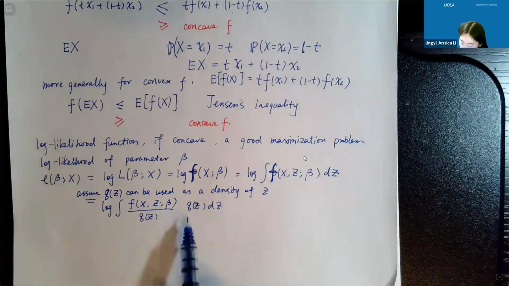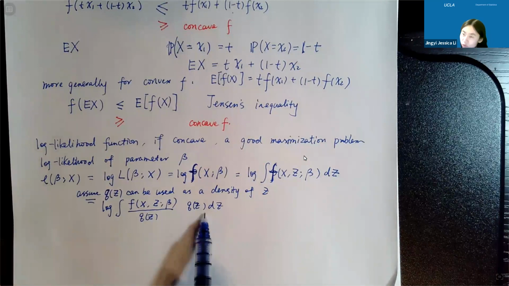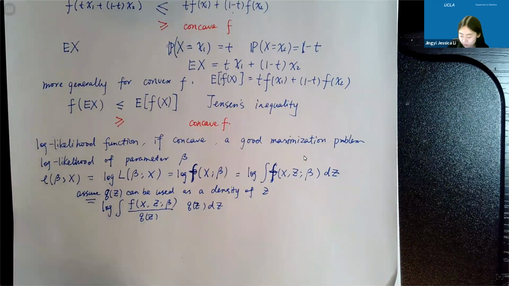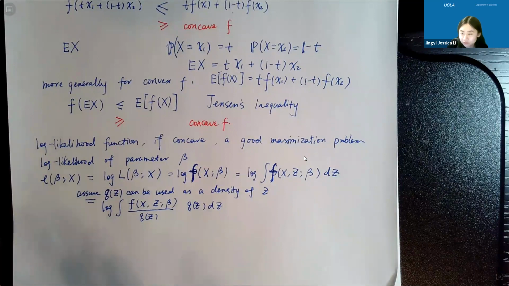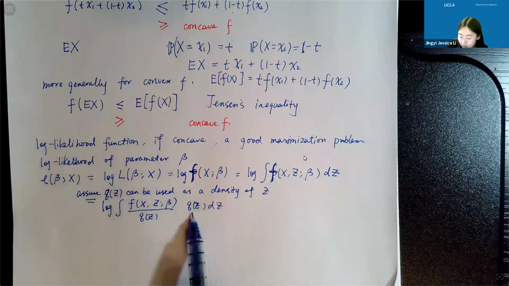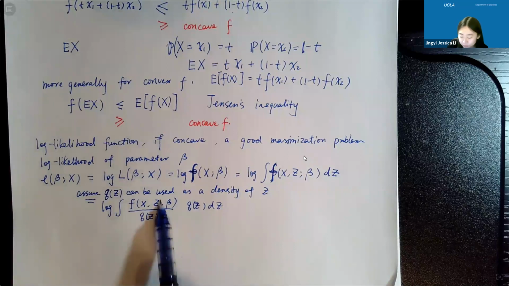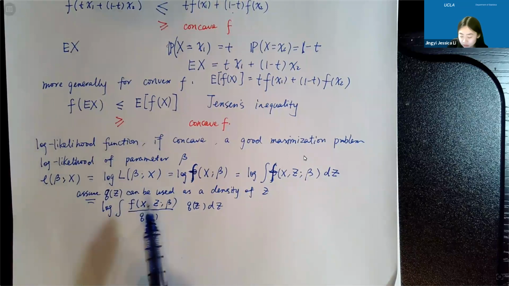The reason I introduce this density, and there could be multiple densities, is to create a form of expectation. Whenever we calculate the expectation of a random variable, it must involve a density and some function of z to be integrated.